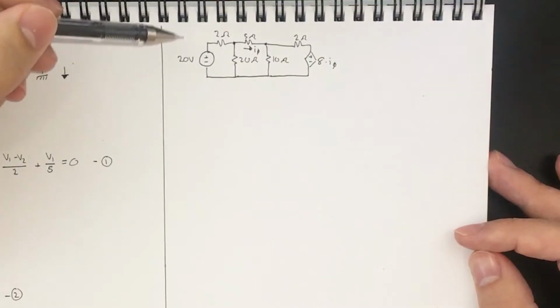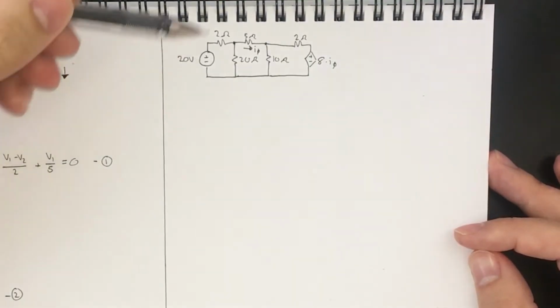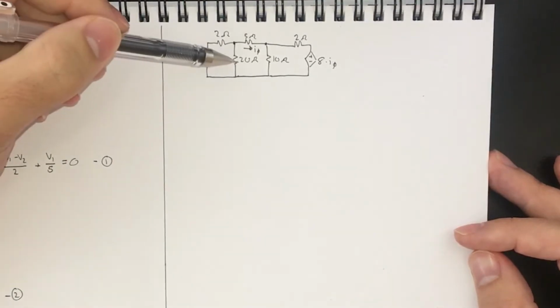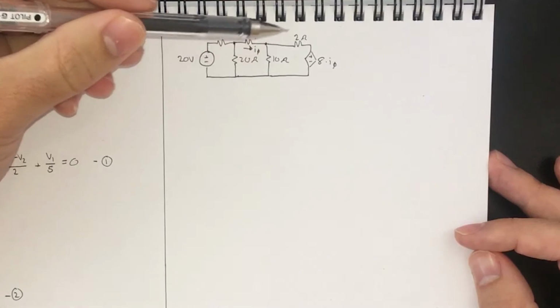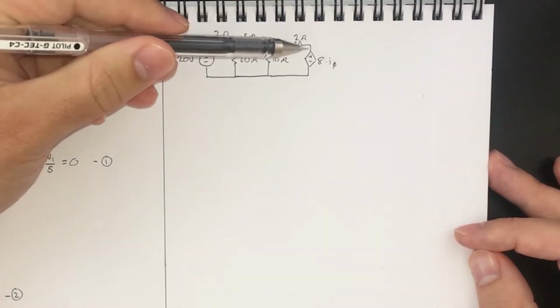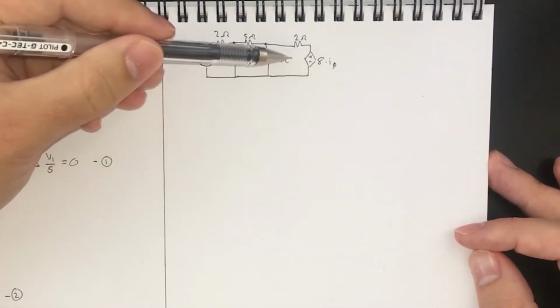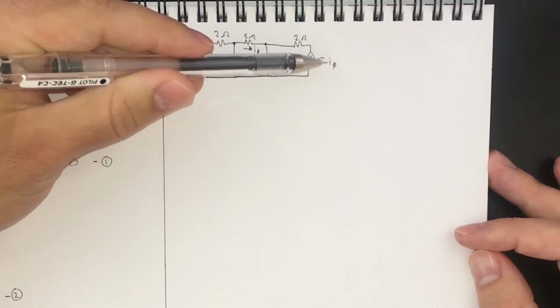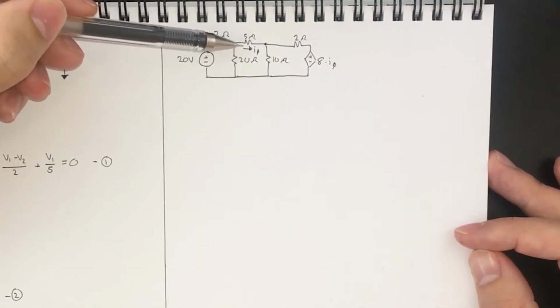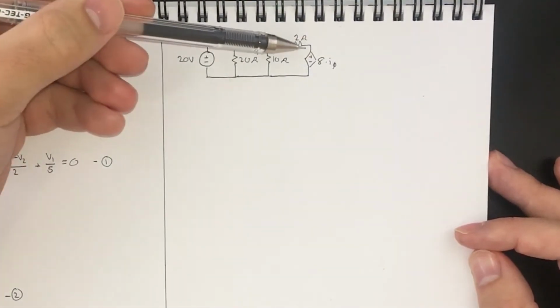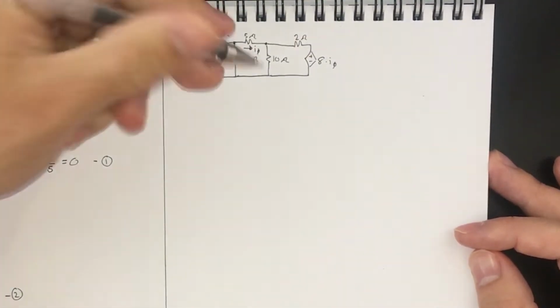We have a 20 volt voltage source, a 2 ohm resistor, a 20 ohm resistor, a 5 ohm resistor, a 10 ohm resistor, a 2 ohm resistor again, and a current dependent voltage source. So this current I phi is the current flowing through this 5 ohm resistor in the right hand direction.